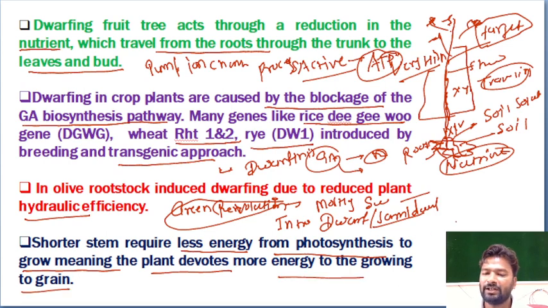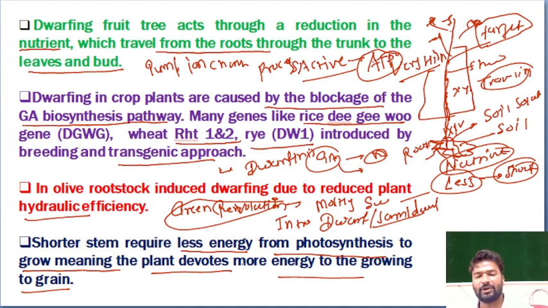So what happens if a plant uses less energy to produce the shoot portion, then more energy can be devoted to your reproductive portion. Means if we are using less energy for vegetative growth, then the remaining energy can be used for the reproductive portions.